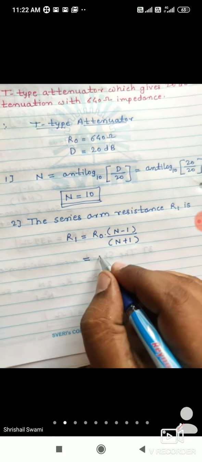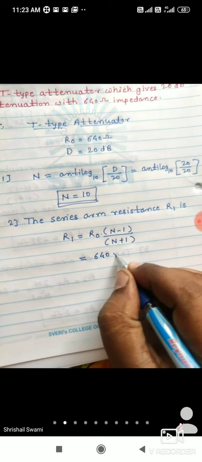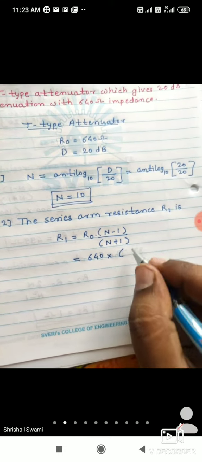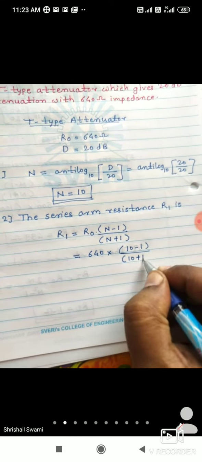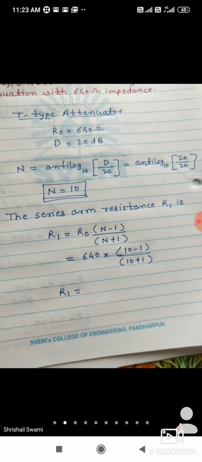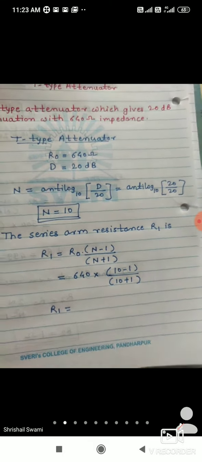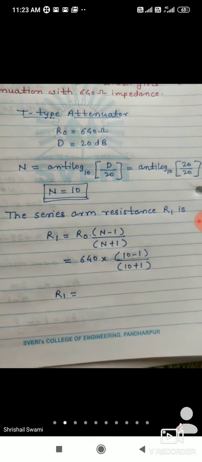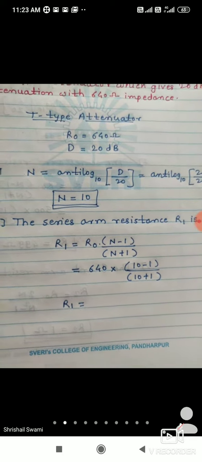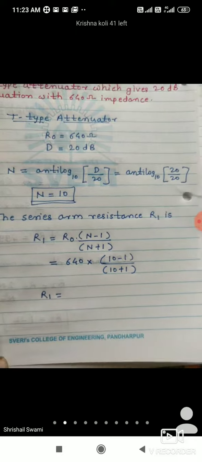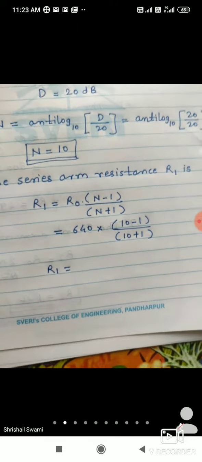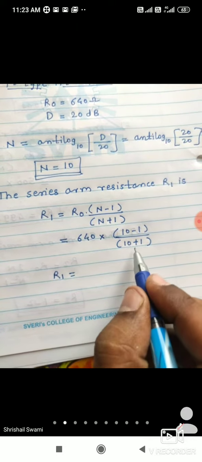So put the values. R0 is 640 into N is 10, 10 minus 1 divided by 10 plus 1. So anyone calculate and tell now, quick. 640 into 9 upon 11.